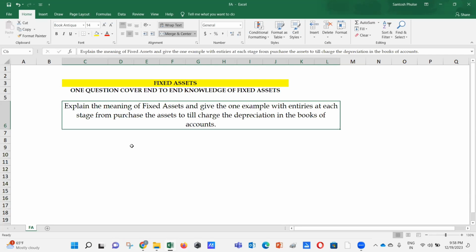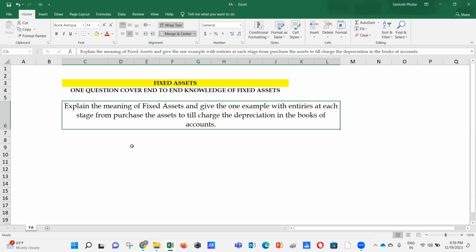And why do we have to park it into the CWIP? In addition to the value of that asset, if any additional expenses are going to be incurred on that asset, or any time is going to be required, that's why.